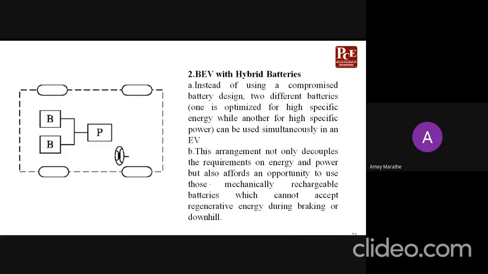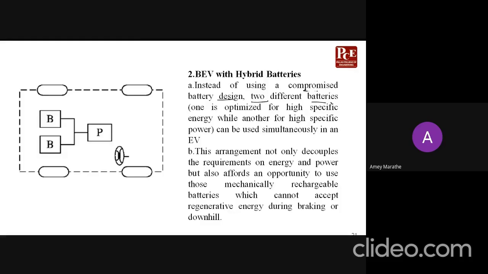So the next configuration is battery electric vehicle with hybrid batteries. Now what are these hybrid batteries? Just now we spoke about specific energy and specific power. Instead of using a compromise battery design, we can have two different batteries.